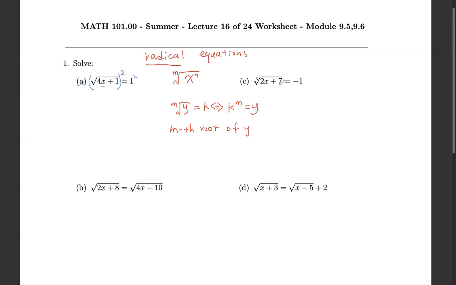So let's see why we do this. If we have the square root of x, and then we square this, by default the index here is 2. This equals x squared inside, then square root with index 2.